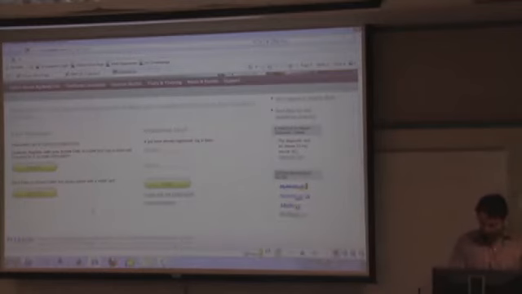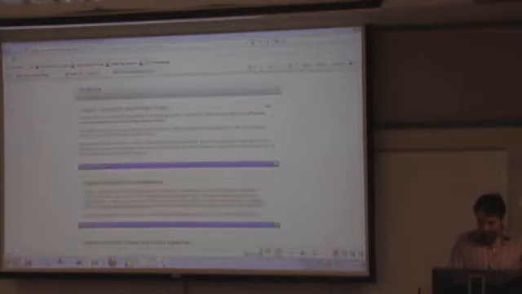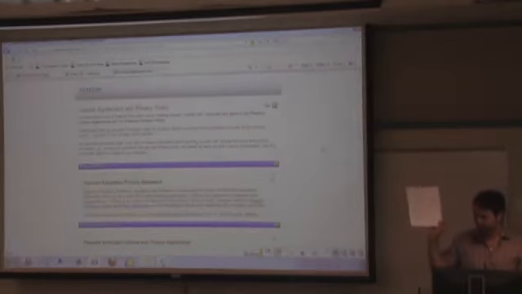Okay, so let's see. If you go to register, these instructions are literally page by page, click by click, what you actually have to do.